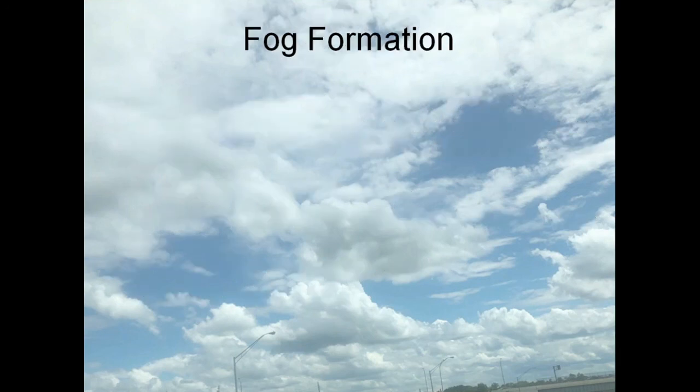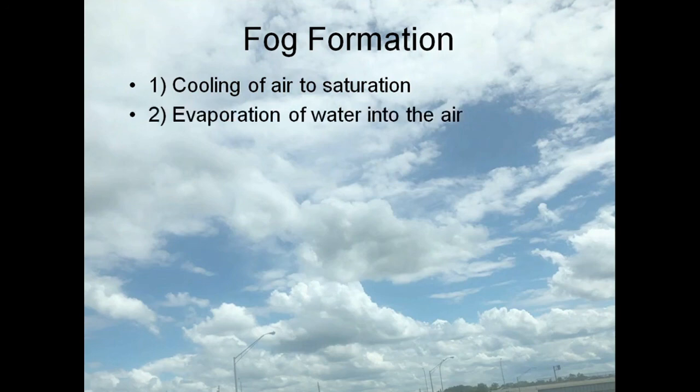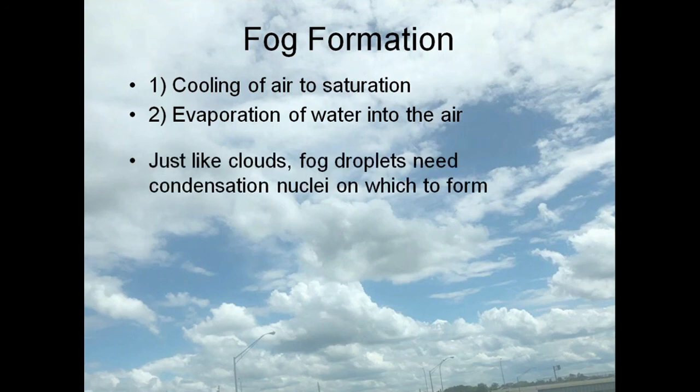Fog forms in two ways, and we'll cover fog formation. One is cooling of the air to saturation. If the air cools down to the dew point and becomes saturated, fog can form if there is water vapor in the air. The other is evaporation of water into the air. If you evaporate water into the air, it cools the air, brings the temperature to the dew point, it becomes saturated, and becomes fog.